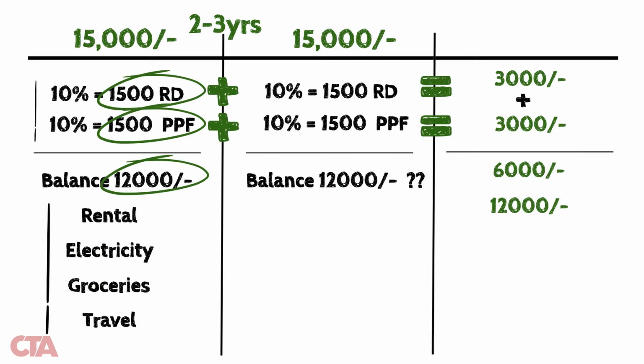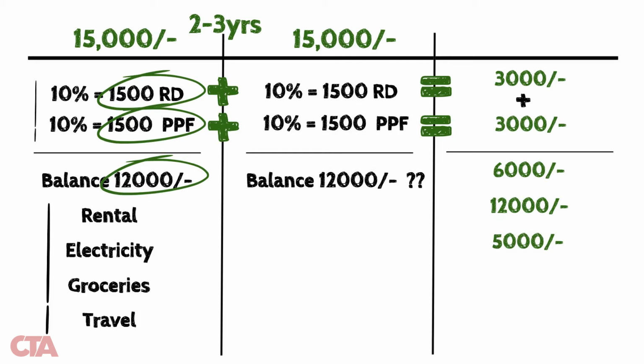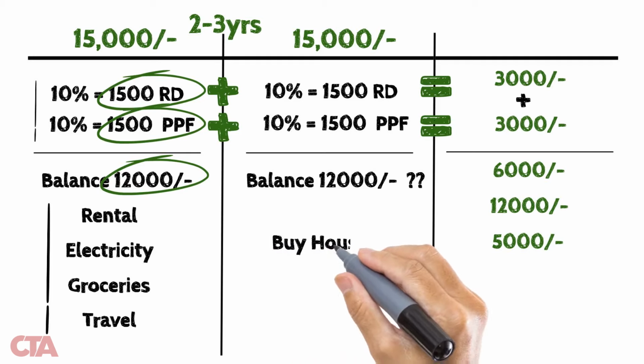Well, my suggestion here would be I would plan to put away at least 5,000 rupees for investment towards creating a margin to buy a house in the future.